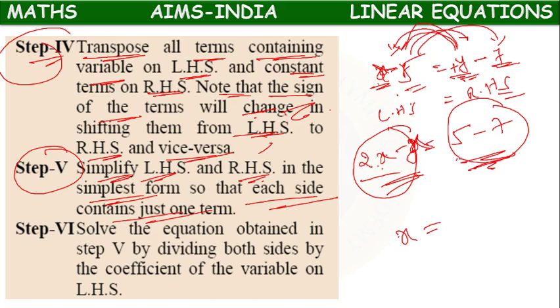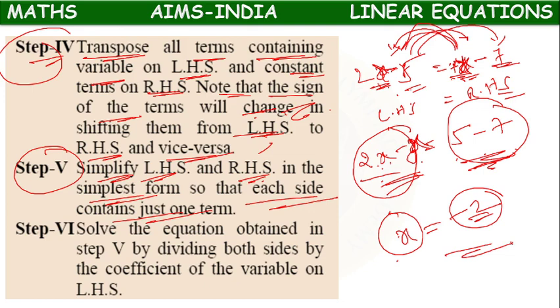X. 5 minus 7, minus 2. Because this chapter is about only one variable, if we have 2x and x, both are x only, so 2x minus x equals x, and 5 minus 7 equals minus 2.